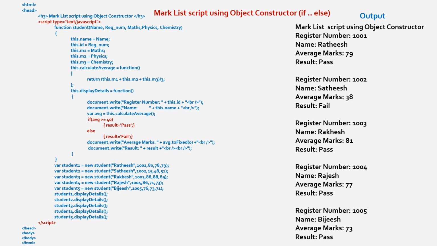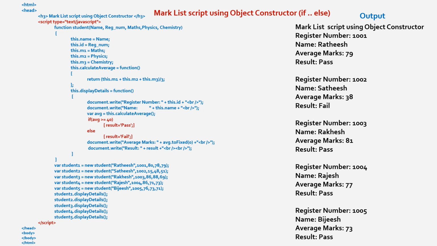In the calculate method, 3 marks are added, and after taking the sum of the 3 marks, the average is taken by dividing by 3. That will be returned here, so that is available in this average variable. Now we got the average marks.